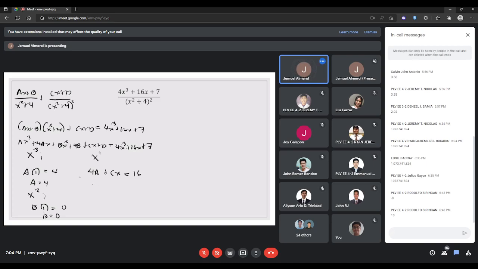So 4 times 4 plus c times 1, c equal to 16. Ay, so 0 din ang c. And for d, x raised to 0.